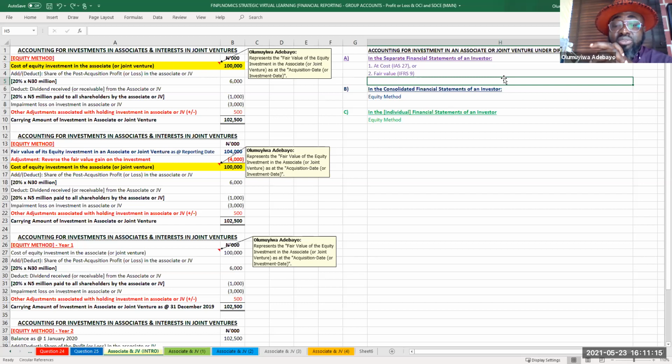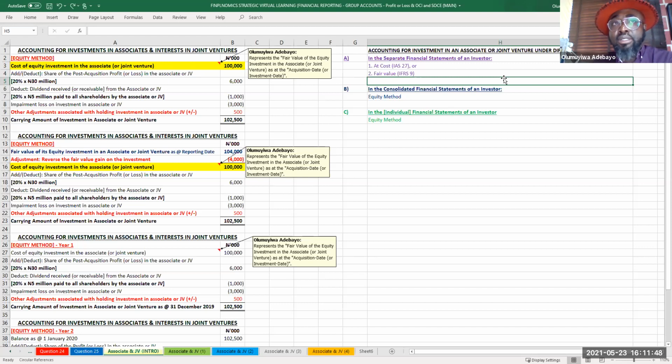Now, what distinguishes them from one another? The first two have a relationship. Separate financial statement simply means the financial statement of a parent entity other than its consolidated or group account. It means that only a parent company that prepares group accounts can confirm that its financial statement is a separate financial statement.